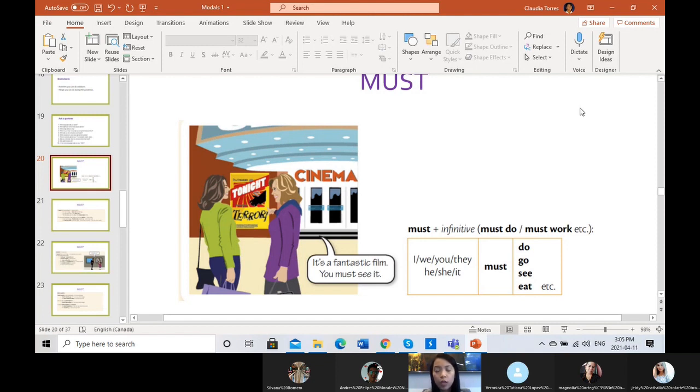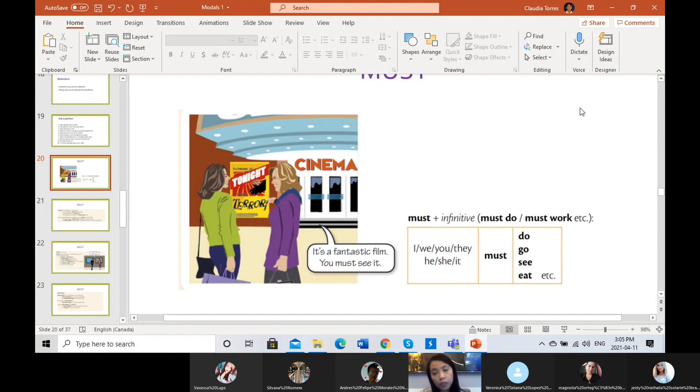So we don't write to do or to go, or does or doing, no. The base form of the verb, that means do, go, see, eat. So you don't add anything to these verbs. Okay, so remember, if you have any questions, please let me know.